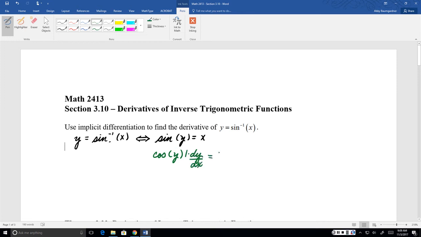The derivative of x is 1. I want to get dy dx by itself, so I will divide both sides by cosine of y. And that could be rewritten as secant of y, if we wanted to write it as secant of y.